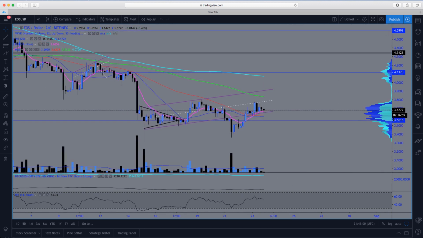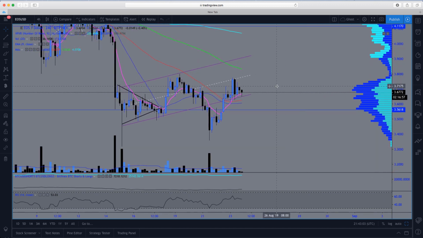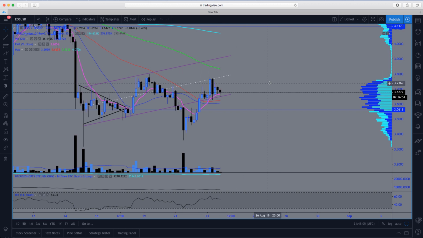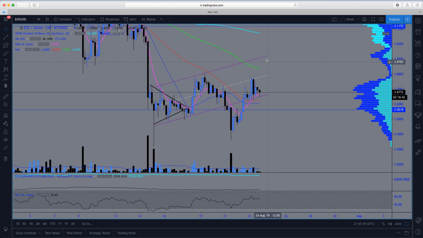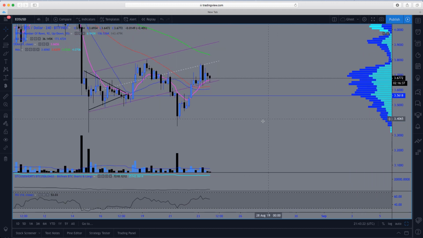But as of now, I might only be interested in looking at a short, maybe from around 3.9 to 3.93. Has some confluence here with volume profile, so maybe we get up to the top of this channel and continue down. So that's a trade to look at.